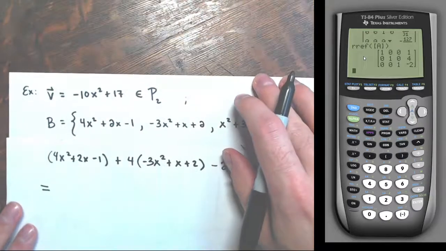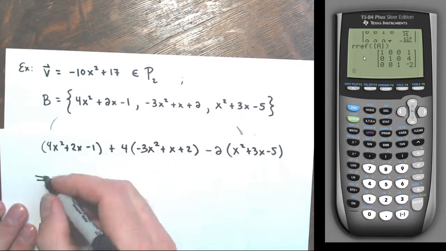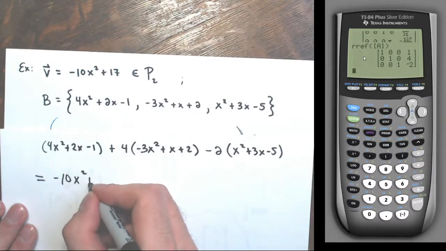That's how I should be able to use these vectors from the basis to construct vector v. That should be equal to negative 10x squared plus 17.